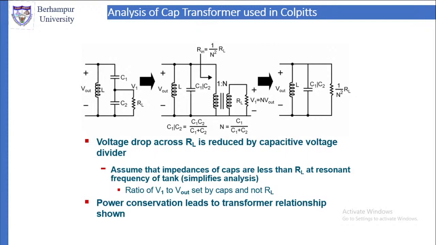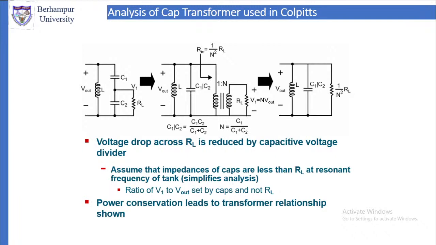So this is the analysis of the capacitor transformer used in the Colpitts oscillator. Instead of directly connecting the load to the capacitor, use a transformer. Through a transformer, to the secondary of the transformer, the RL is connected. The turn ratio of the transformer is 1:n, so primary to secondary is 1:n.